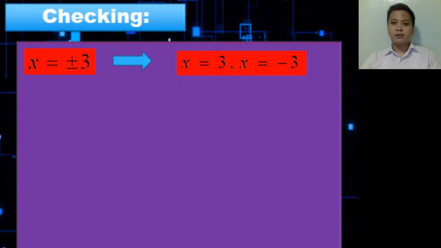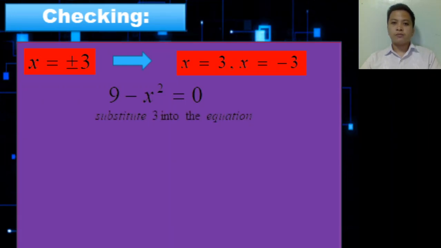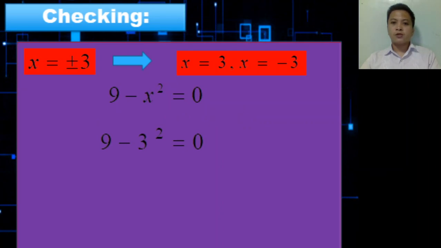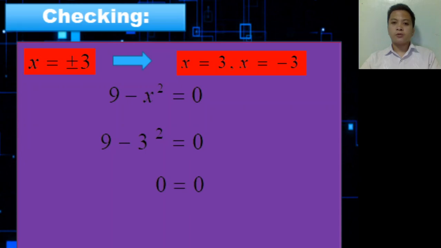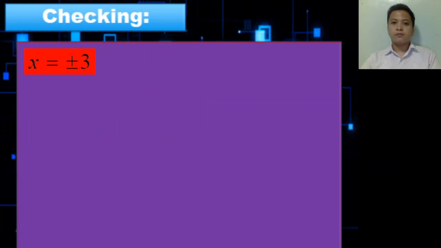We will use positive 3 first. Substitute 3 into the equation. We will have 9 minus 3 squared is equal to 0. Solve. We have 0 is equal to 0. Now we will use negative 3.